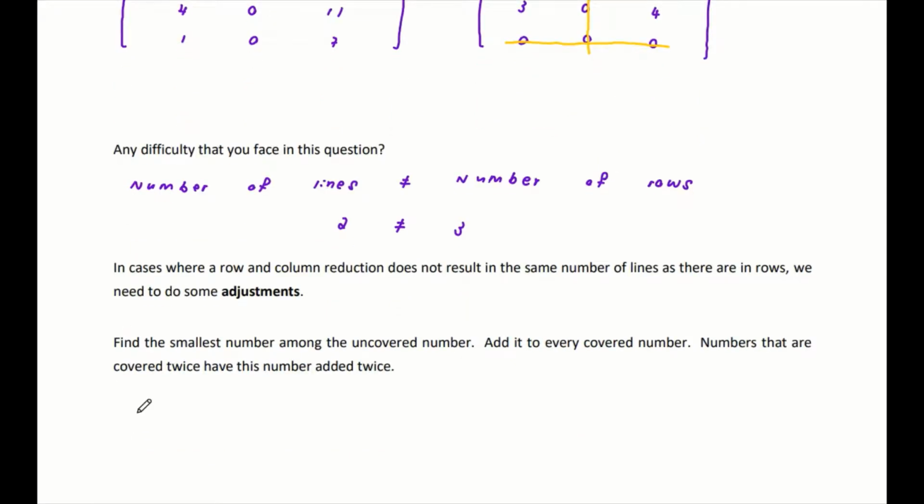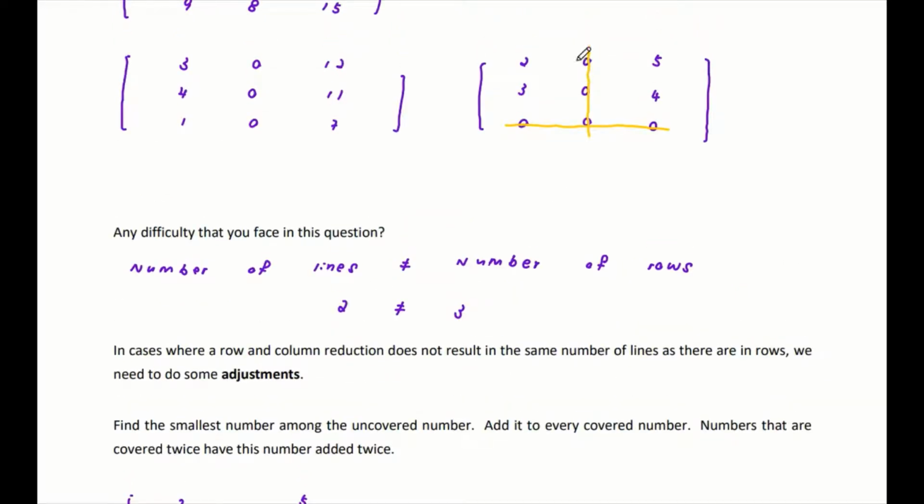Okay, so add the smallest number to every covered number. Which means all the uncovered numbers will remain the same, so you can just write down the uncovered numbers first. The smallest number among the uncovered numbers is 2. You are going to add 2 to every covered number, so all the 0s here will become 2. You realize that this 0 is covered twice, right?